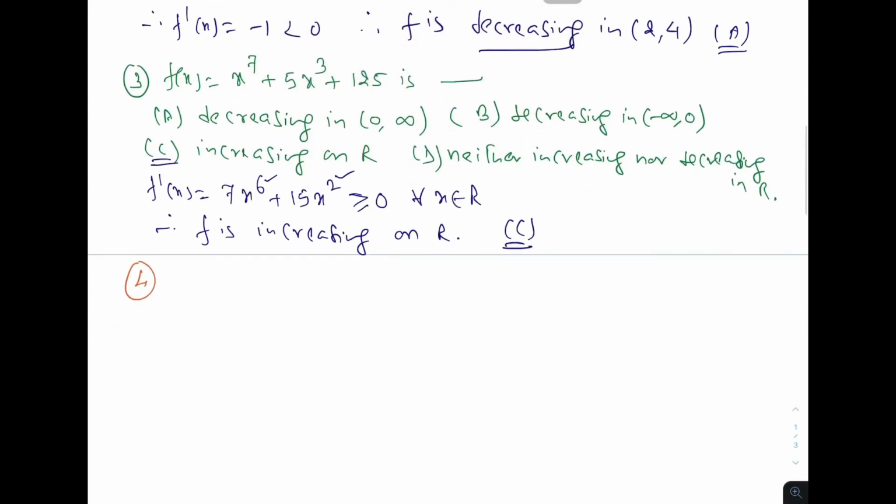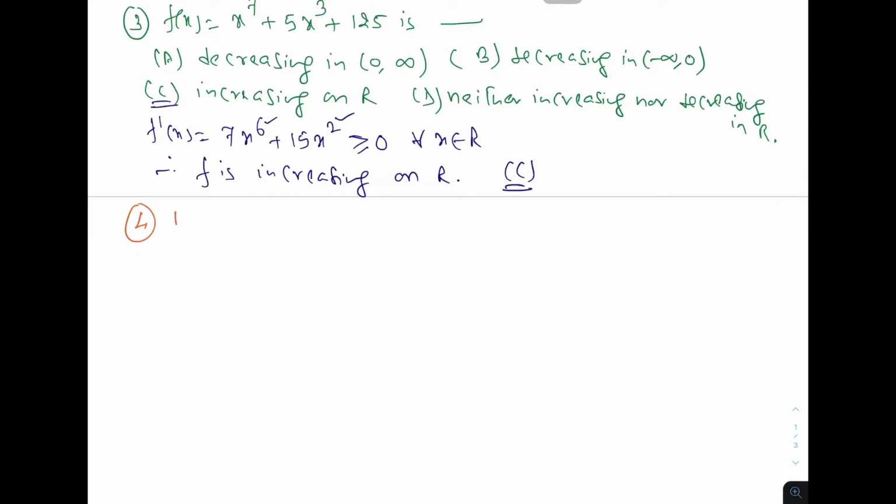Next, f(x) equal to 2x plus cot inverse x minus log of (x plus root x square plus 1) is blank.